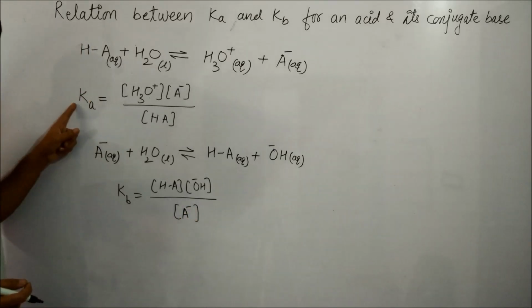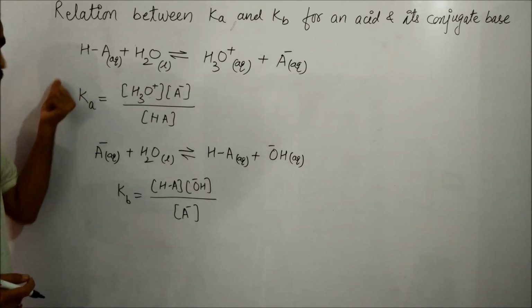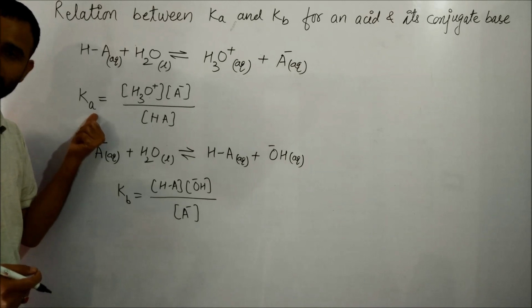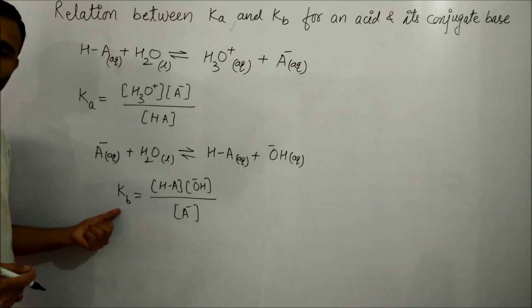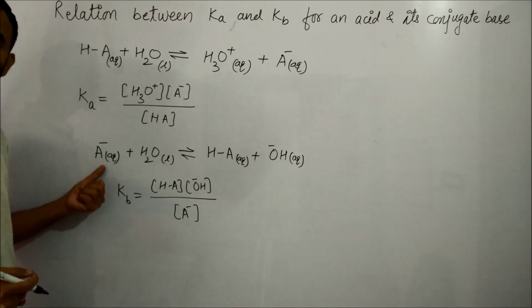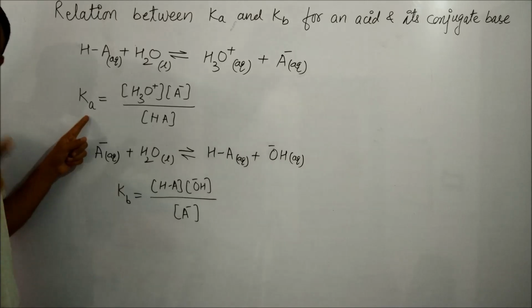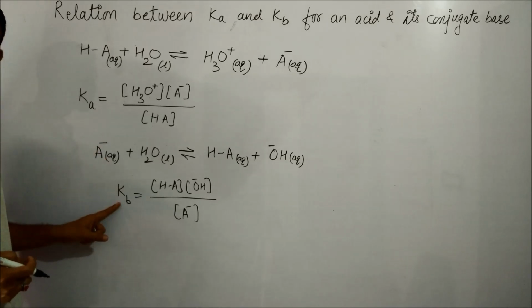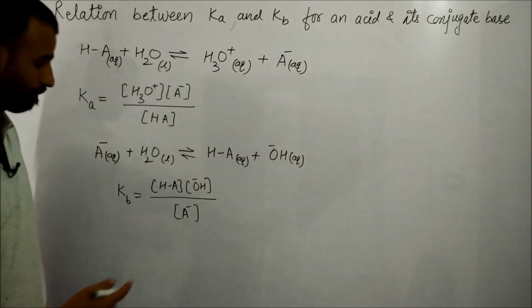Now you have Ka and Kb. This is the dissociation constant of acid, and this one is the dissociation constant of conjugate base. Now just multiply Ka and Kb.